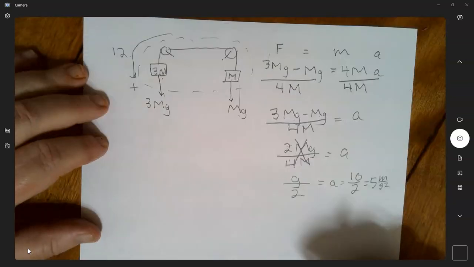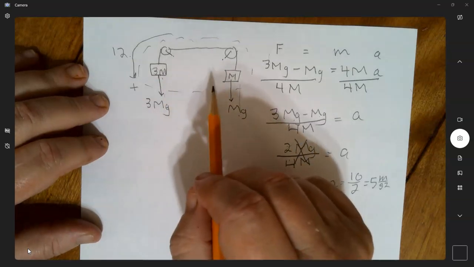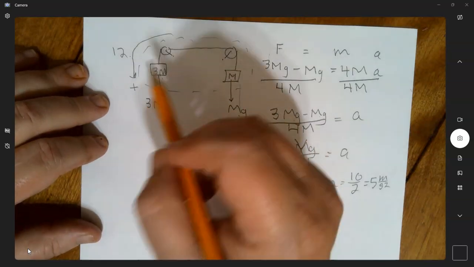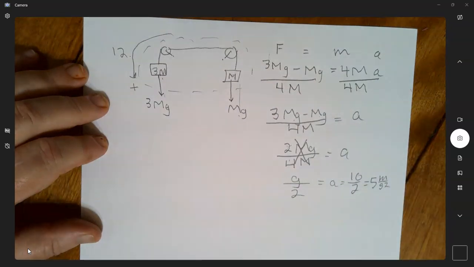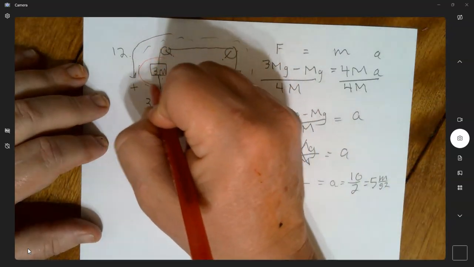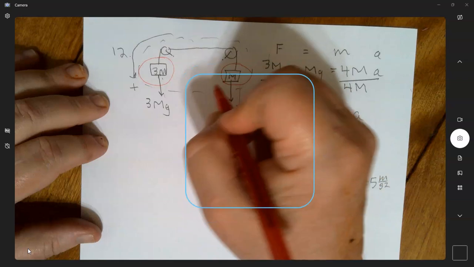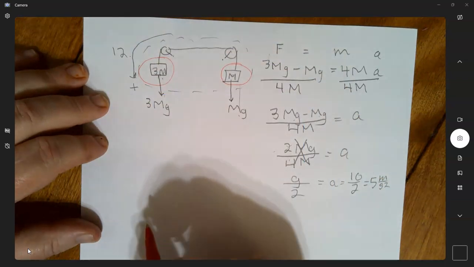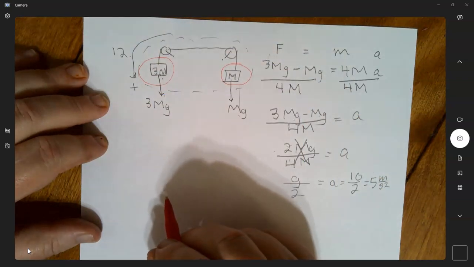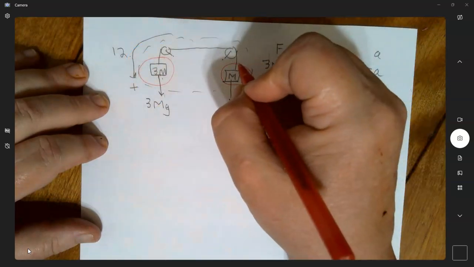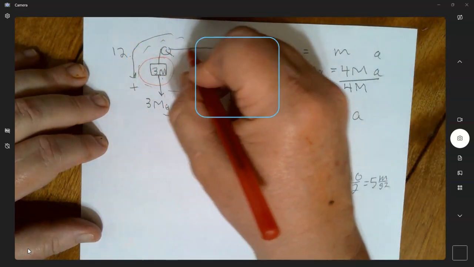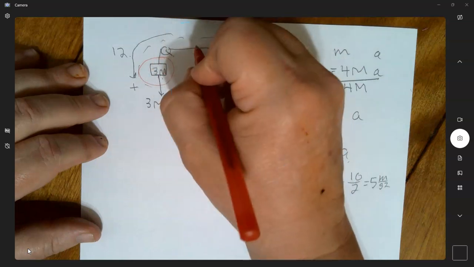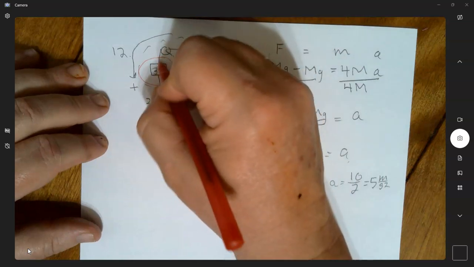Okay, so now we're going to write the two equations. So one for this block and one for this block. Again, we're still going to call this the positive direction. And there's only one tension. This rope all the way around between the blocks is T. There's no other tension, okay?